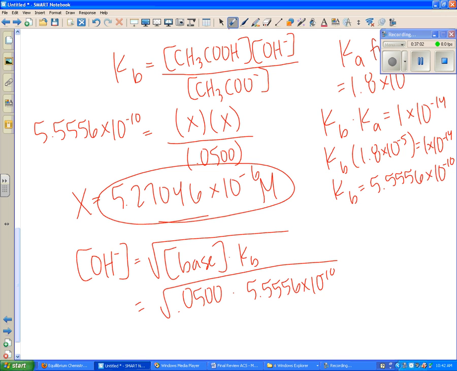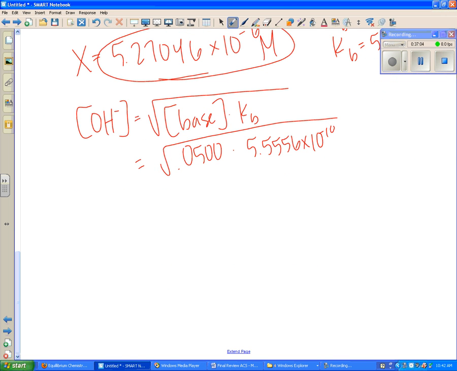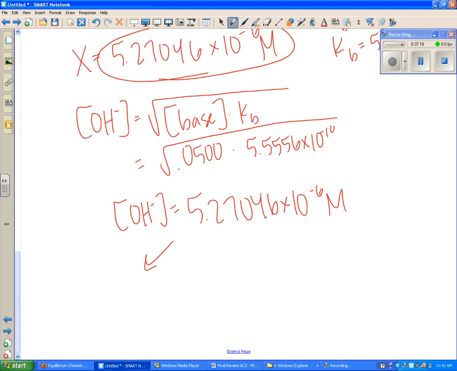All right, so regardless, we know the hydroxide ion concentration then, which is X, is 5.27046 times 10 to the minus 6 molar. We have two directions we can go with this. We can use this to calculate pOH, and then we can use this to calculate pH.